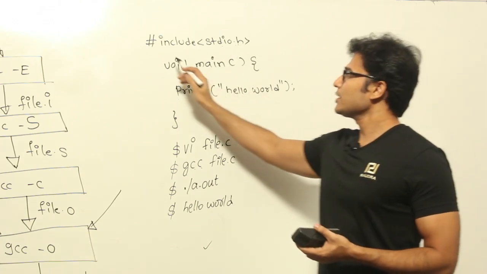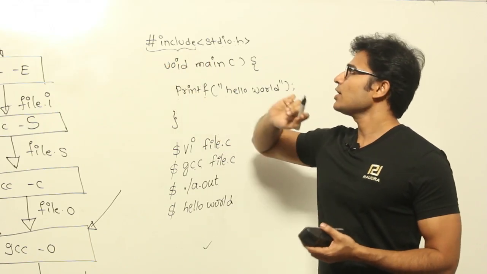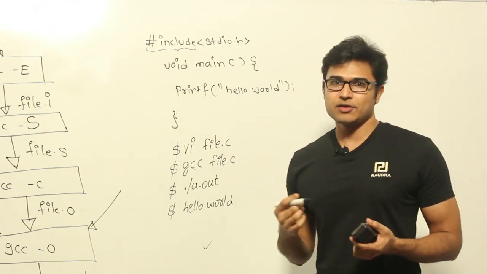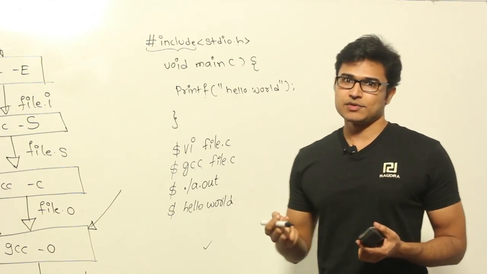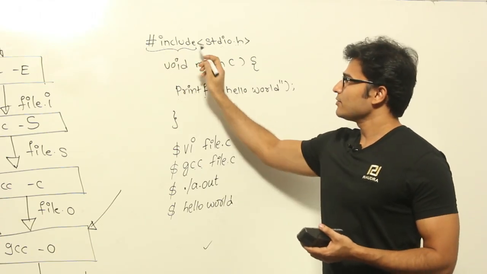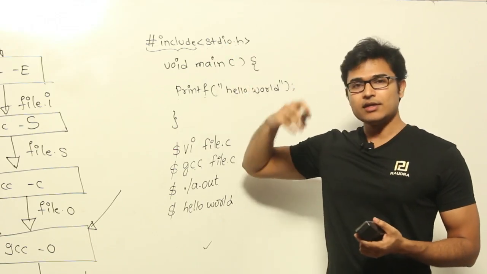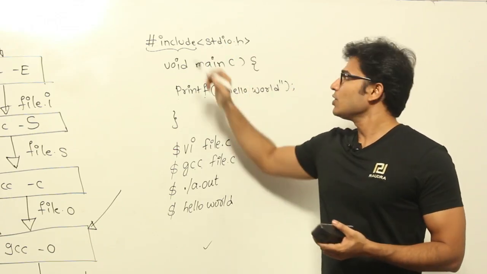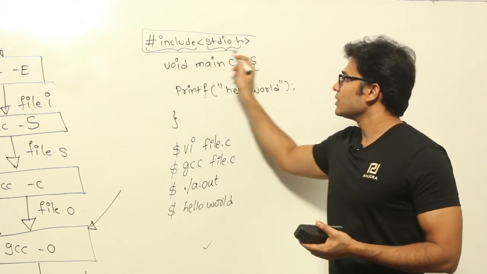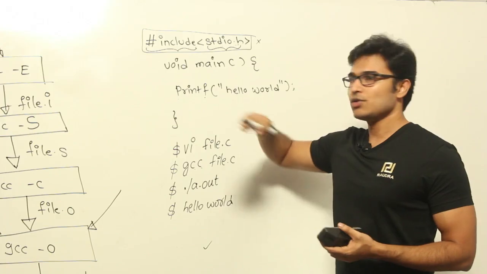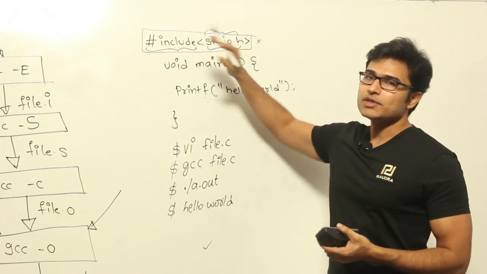Okay, now if you look at this hash, generally #include is called a preprocessor directive. #include and #define are called preprocessor directives. Now the main intention of this line is to tell the preprocessor to include this entire file, which means you delete this line and include whatever contents are present in that file into this file.